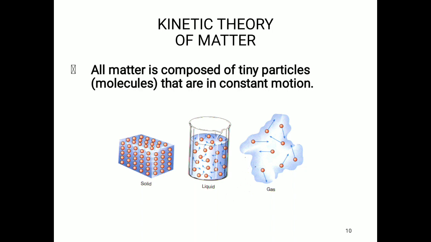In this diagram you can see that solids have definite volume and definite shape, liquids have definite volume but indefinite shape, and gases have neither definite volume nor definite shape.